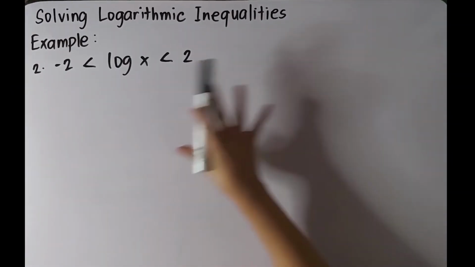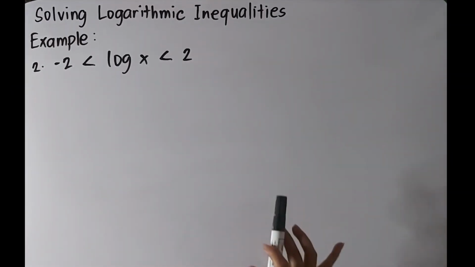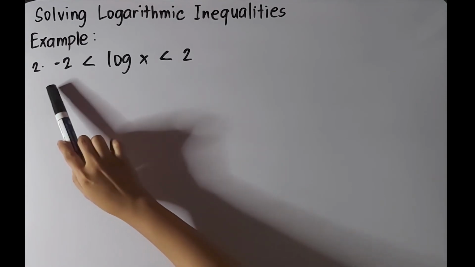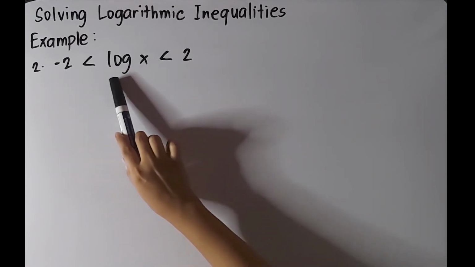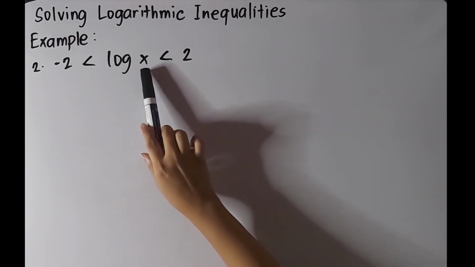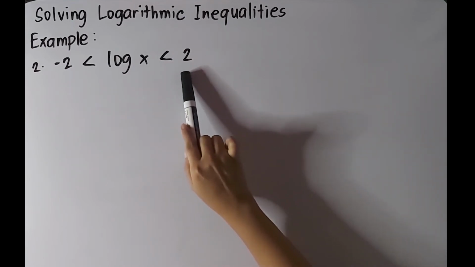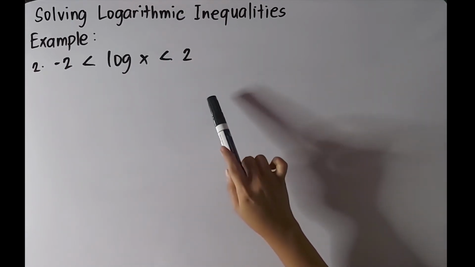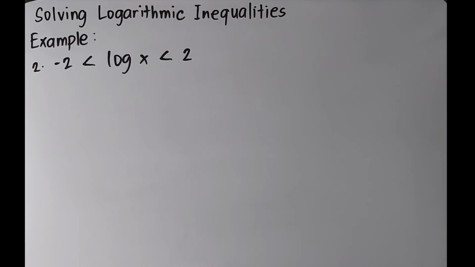Let's have another example in solving logarithmic inequalities. We are given negative 2 less than log x, the common logarithm of x, less than positive 2. Let's define first the logarithm.